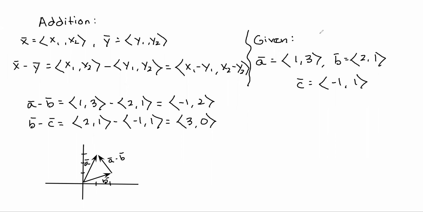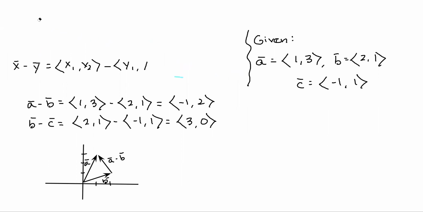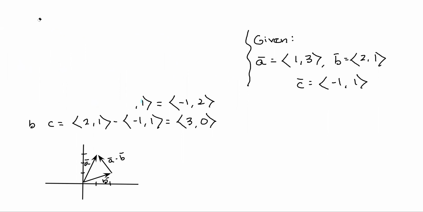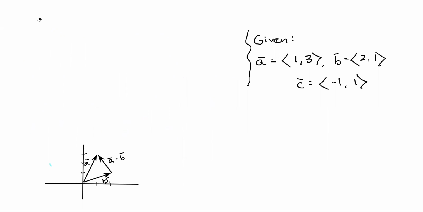Next, we have scalar multiplication. And again, I'm going to just erase all of this and put our scalar multiplication right here. Oops, I forgot that I was not going to erase our definition.